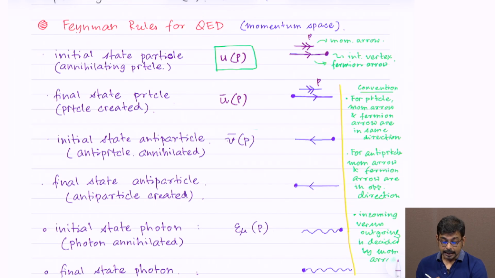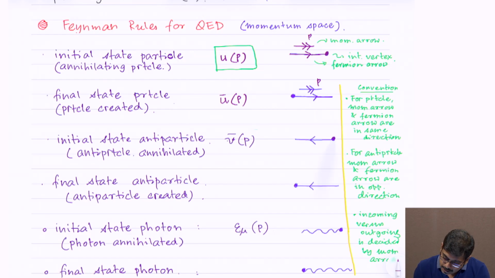Now, let us talk about the initial state antiparticle. You know that for antiparticle the definitions all have a reverse notation, right. So, the initial state antiparticle is represented by v bar of p, and once again initial state antiparticles means the antiparticles which are annihilating into the vertex.